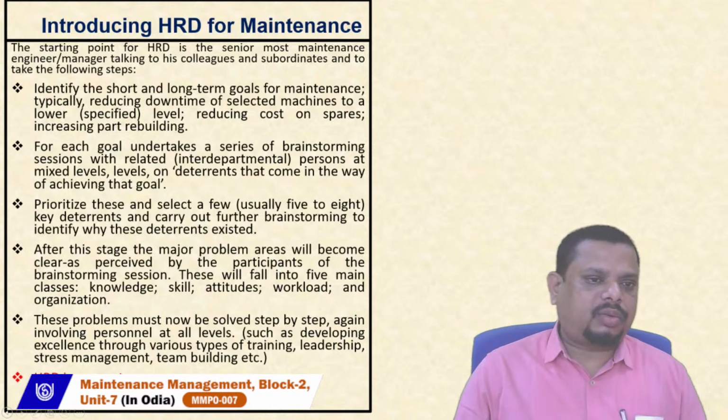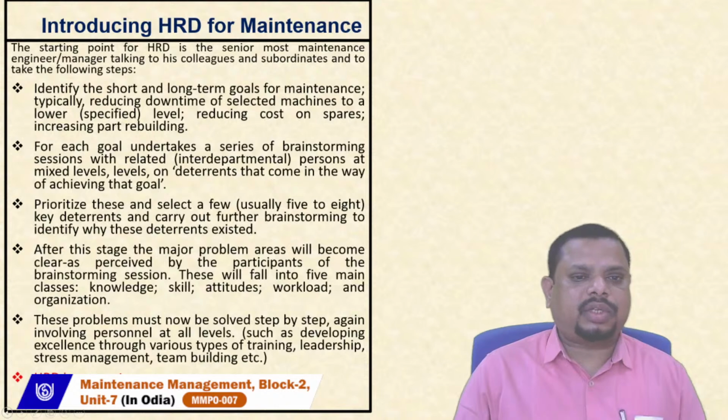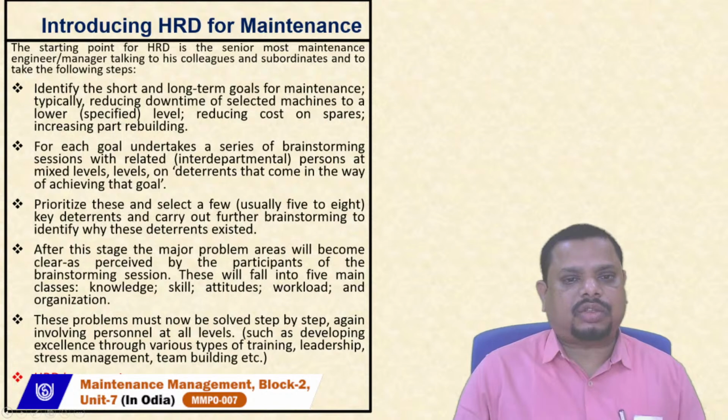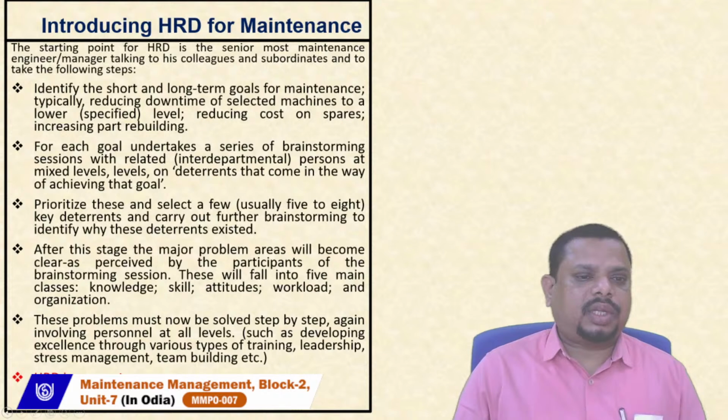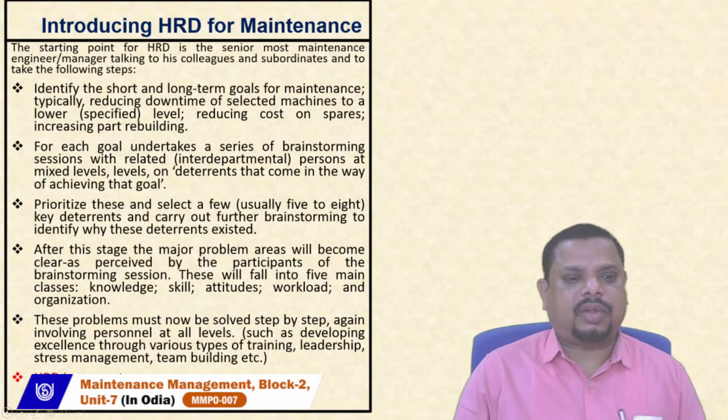The first point is to identify the short-term and long-term goals for maintenance, typically reducing the downtime of selected machines to lower levels, reducing the cost of spare parts, and increasing part rebuilding. Next, for each goal, undertake a series of brainstorming sessions with related persons at mixed levels on the deterrents that come in the way of achieving the goals, and prioritizing these, select a few key ones and carry out further brainstorming to identify whether redundancy exists.